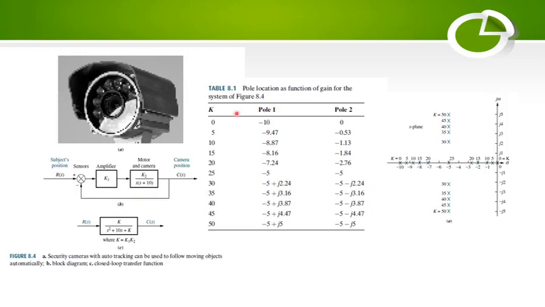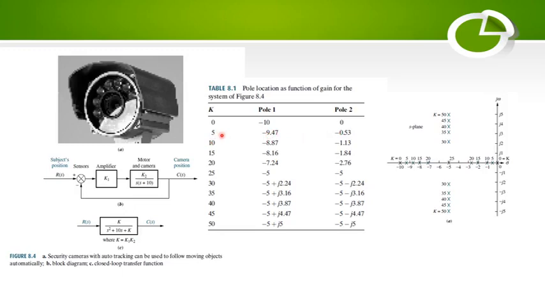In this table, we can observe that as K varies from 0 to 50, the locations of the closed loop poles vary. When K is equal to 0, which is the start point of your root locus, the system poles are located at -10 and 0.